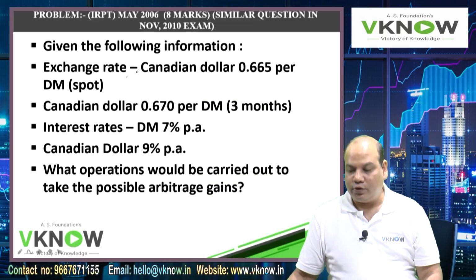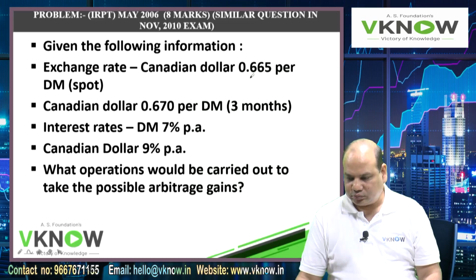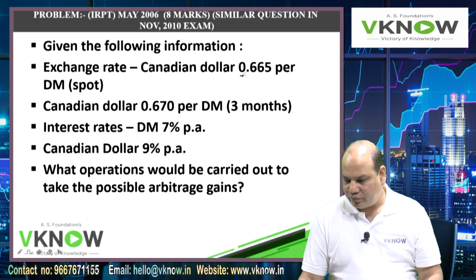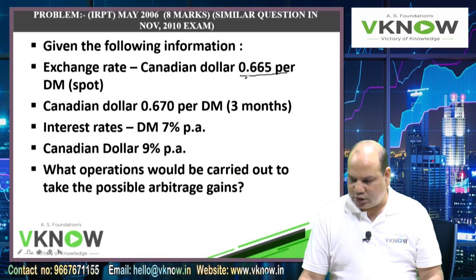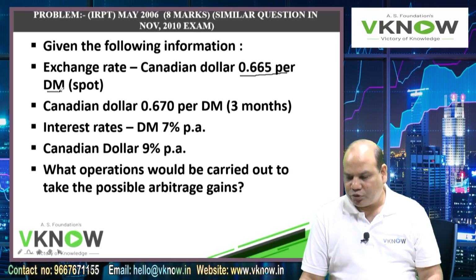Given the following information: exchange rate Canadian dollar per DM, 0.665. DM is Deutsche Mark, the previous currency of Germany. Earlier in Germany, the currency was called Deutsche Mark or just Mark.